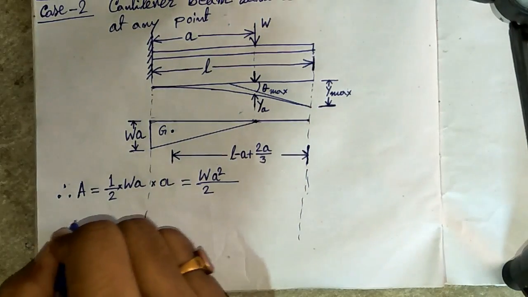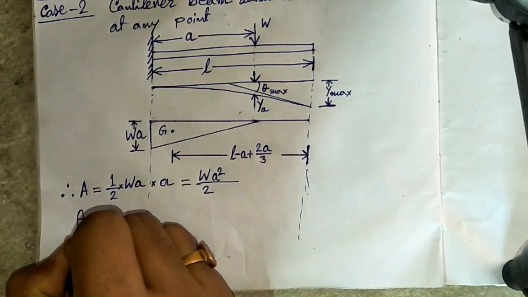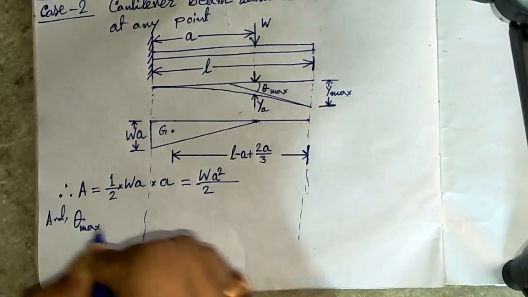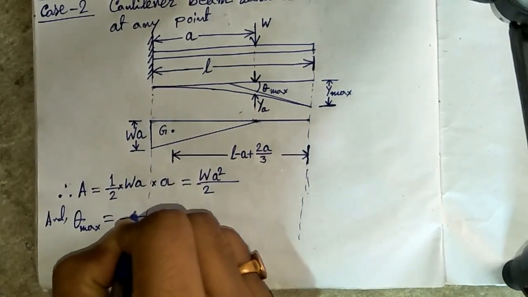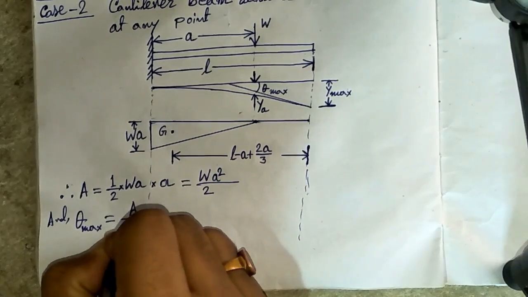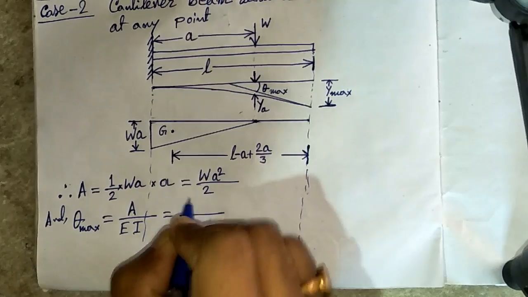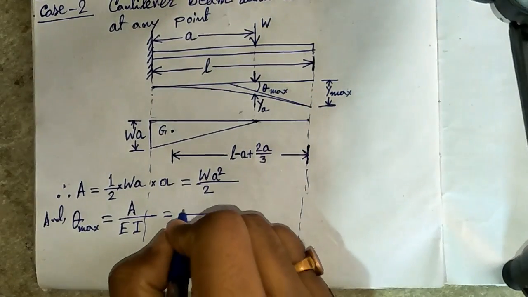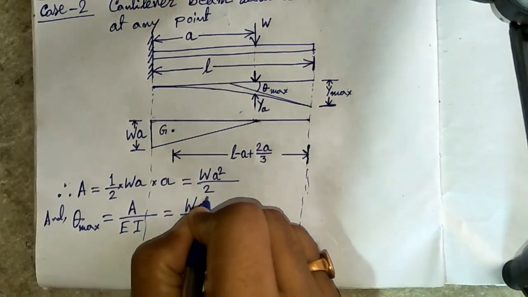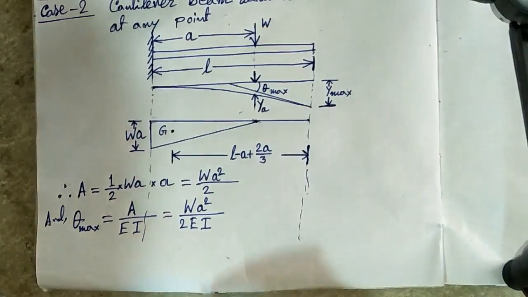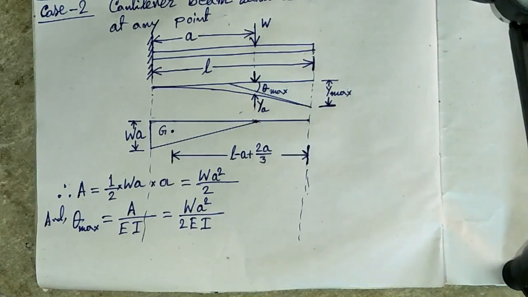Now the value of theta max, from the formula, we know that theta max equals A by EI. So the value becomes WA square by 2 EI. This is the value of theta max.